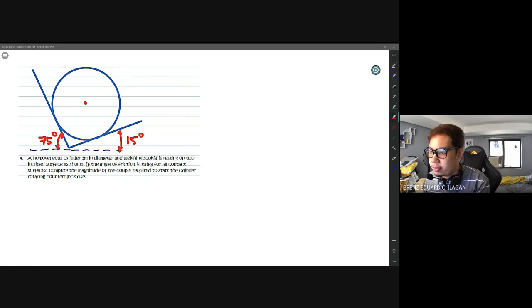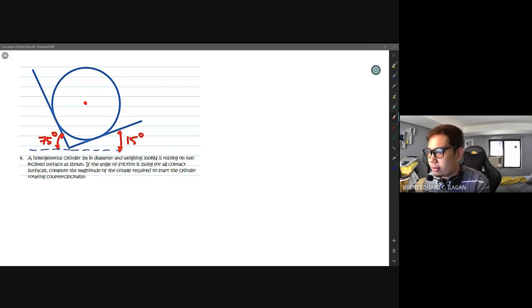So siya kasi is magiging concurrent when we make a free body diagram sa gitna ng cylinder. And then after that, we will compute for the frictional force once we solve the normal force.